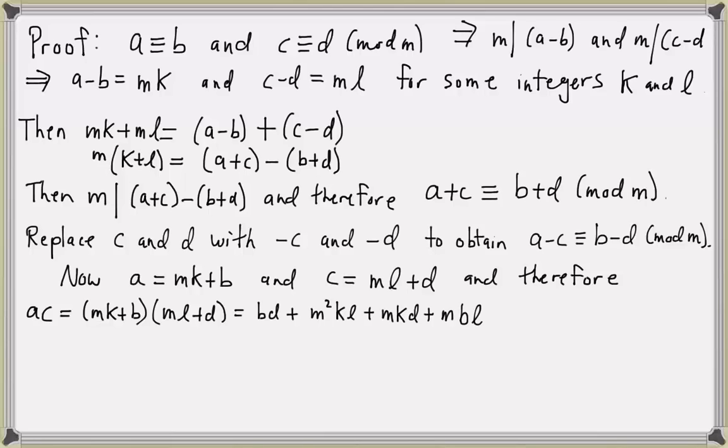So if I subtract BD from both sides of this expression, I see that AC minus BD can be written as M times the quantity MKL plus KD plus BL. Therefore, M divides AC minus BD.